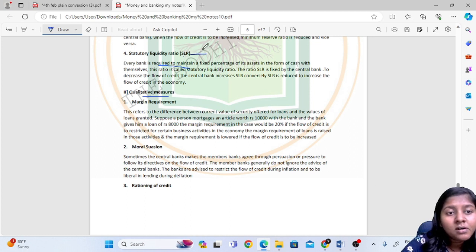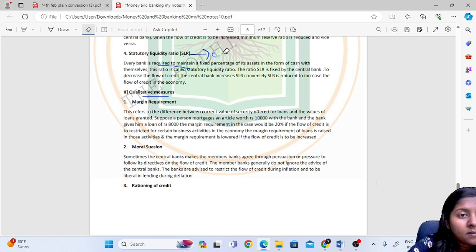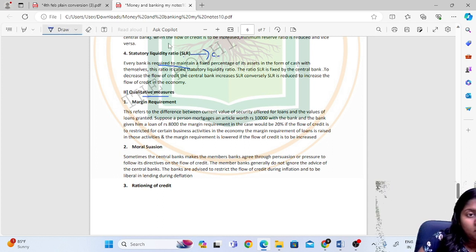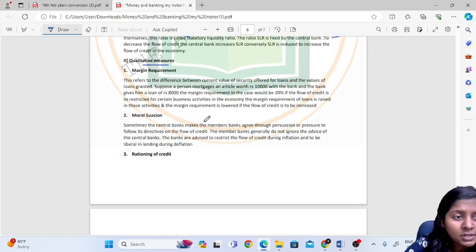So a certain amount is maintained by the bank with themselves. This is called SLR, statutory liquidity ratio.